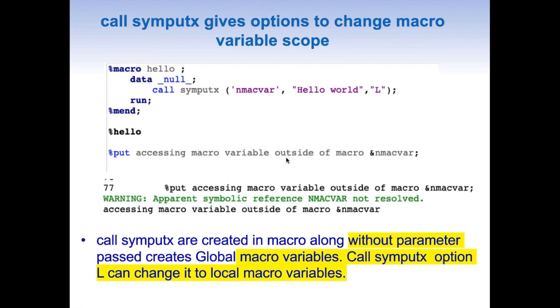One last thing: the third argument option is only available for call symputx, not for call symput. And whenever we use call symput and want to change the scope, all we need to do is use %local or %global as required.